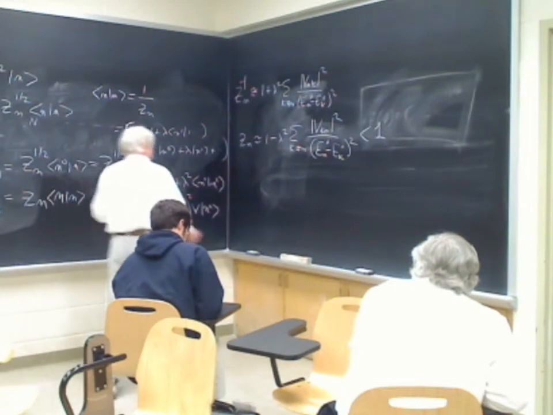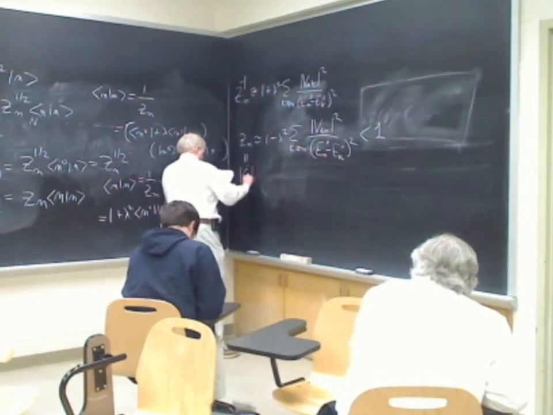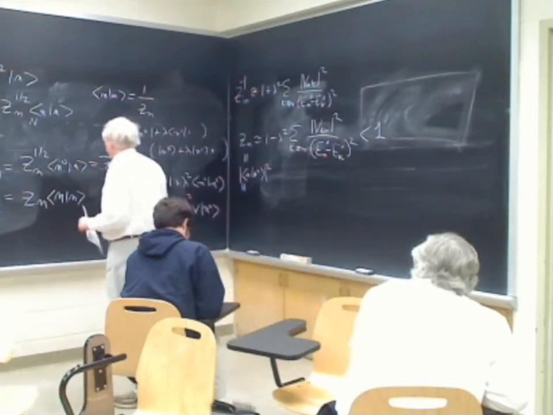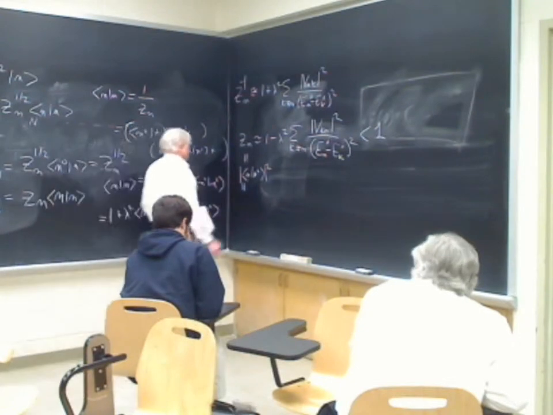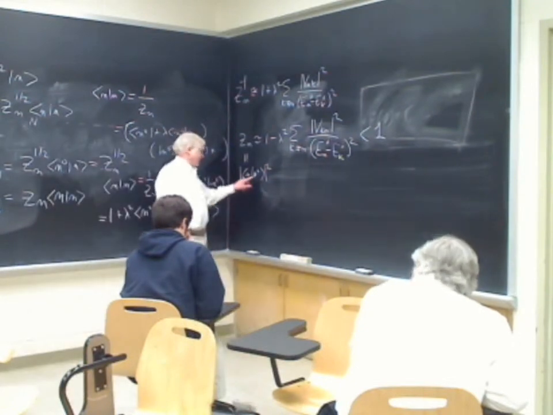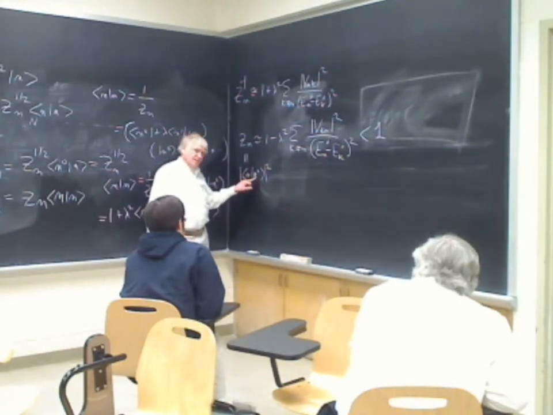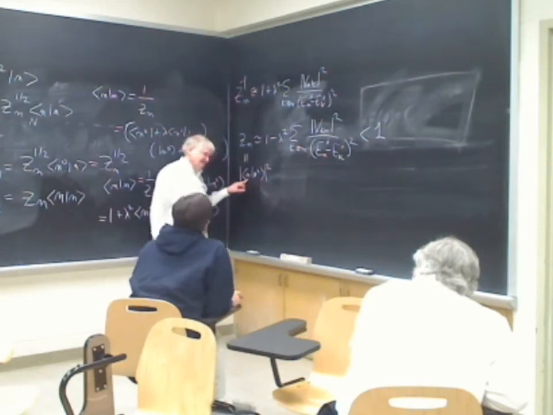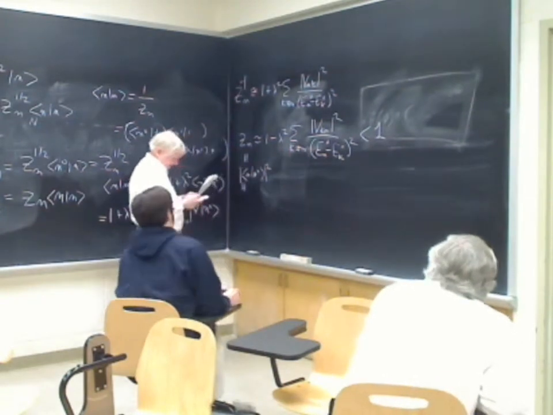So remember that Zn itself is equal to the overlap of n sub n with n0, absolute value squared. That's here. N sub n is Zn to the 1/2. So this thing is the probability that the overlap between the nth eigenstate of H0 and the exact normalized nth eigenstate of H. That is, of course, less than 1 as we expect, and it's this particular expression.